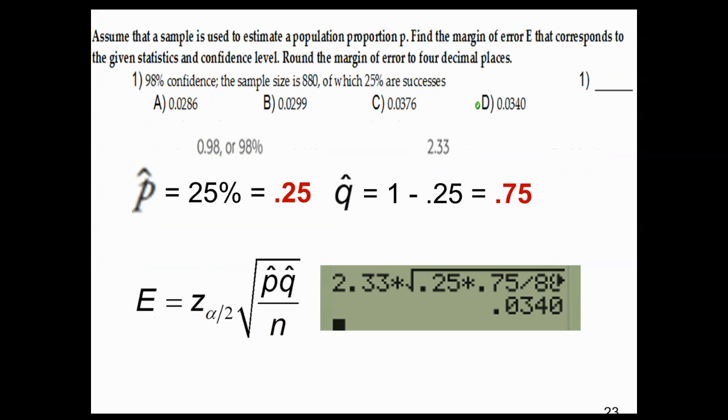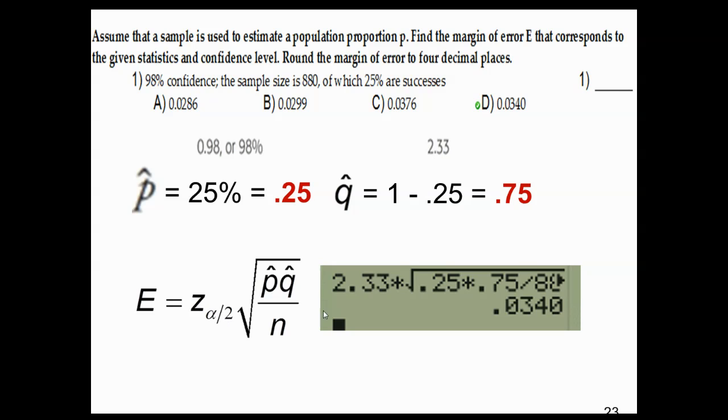All right, this one becomes a little bit easier because now I'm telling you that you have 25% successes. He's giving me p hat, so I don't have to divide x by n. I know what p hat is, so I know what q hat is. It's 1 minus 0.25, which is 0.75. Looking for a 98% confidence level, the z-score associated with that is 2.33.